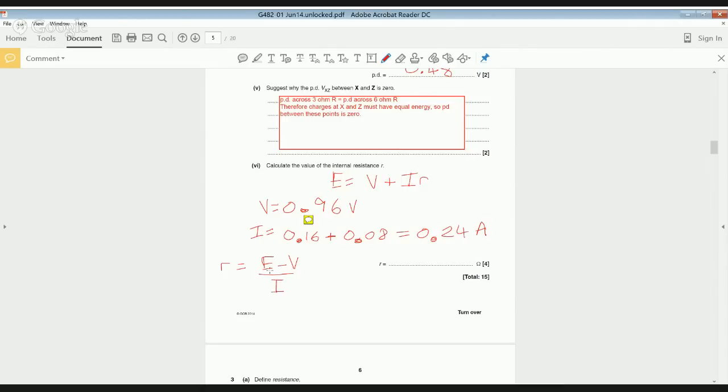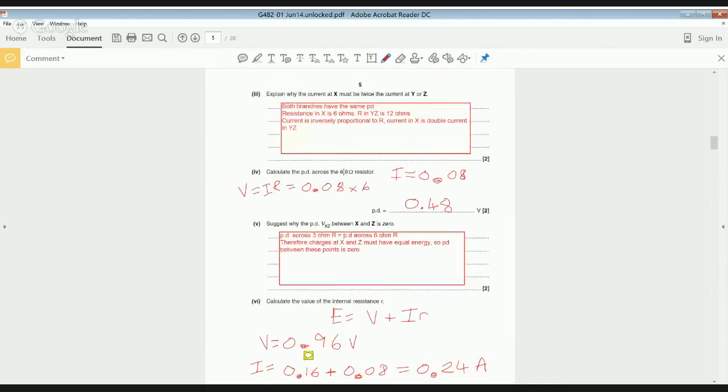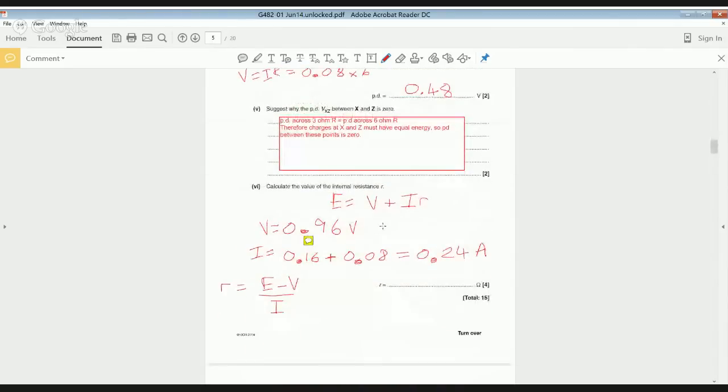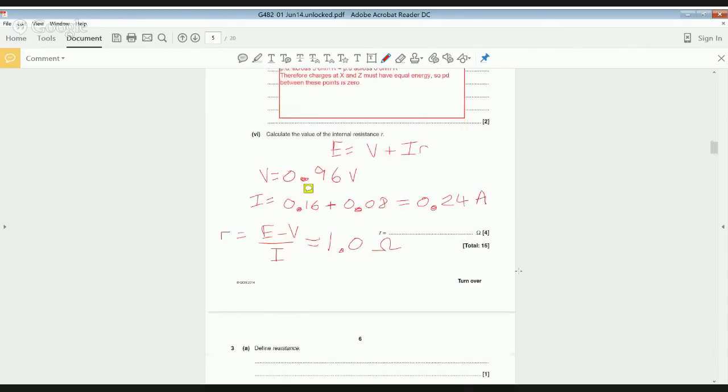E here from the original diagram is 1.2. V is 0.96, as we've just worked out, and I is 0.24. It actually comes out with precisely 1.0 ohms as being our internal resistance.